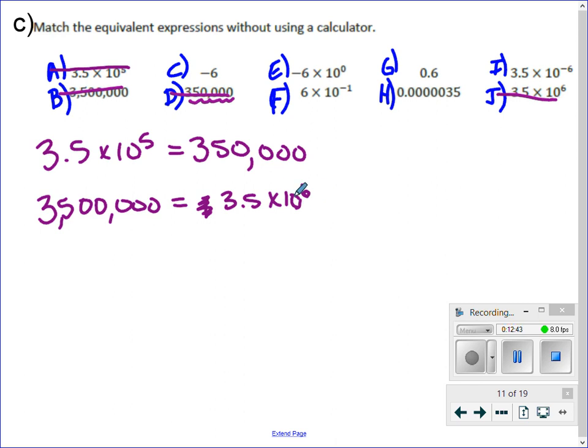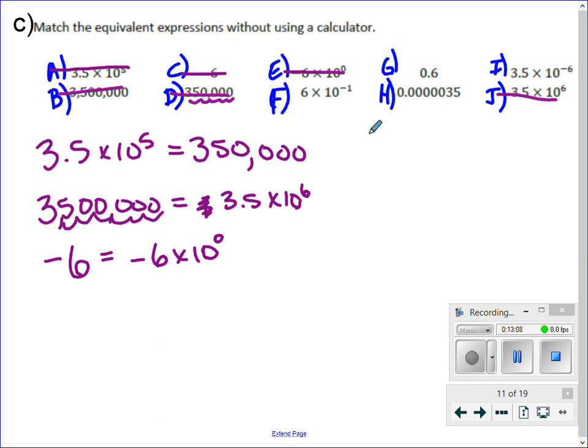So that's a big number, and we moved it left 6. 1, 3, 4, 5, 6. Negative 6 is a number times 10 to the 0, because 10 to the 0 is 1, so those two are the same as negative 6 times 10 to the 0, because this is 1.